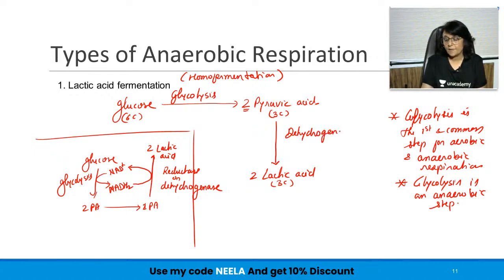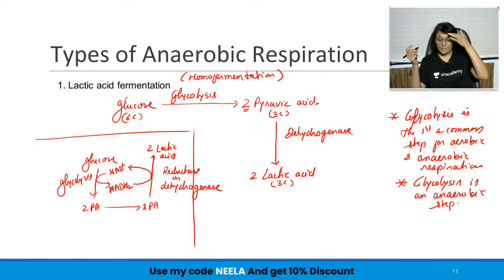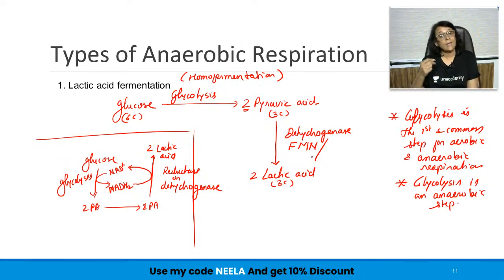Every enzyme, or rather most of the enzymes, require coenzymes. Coenzymes are substances which help in the reaction. So that is FMN, flavin mononucleotide, and an activator is also required, and that is zinc ion.